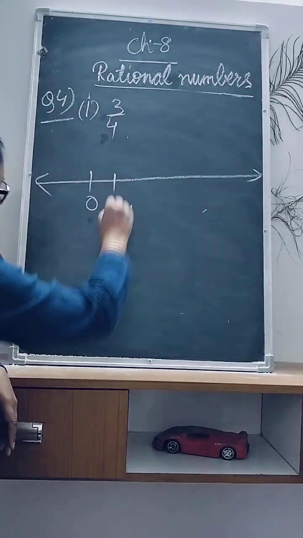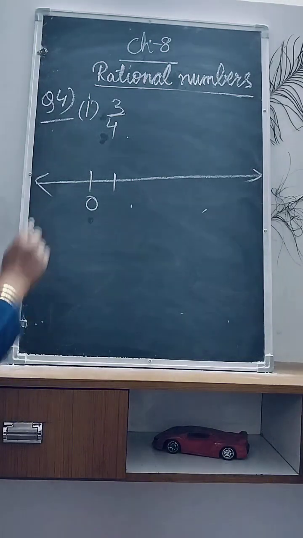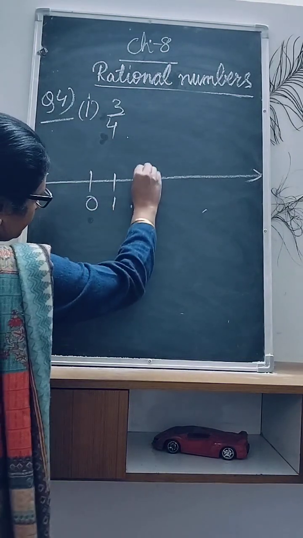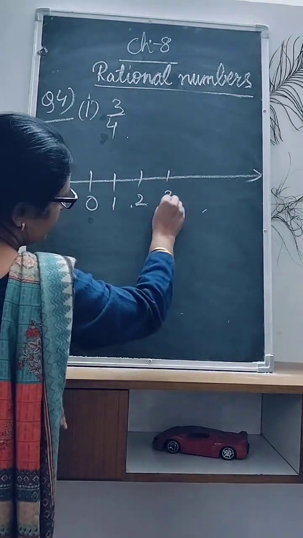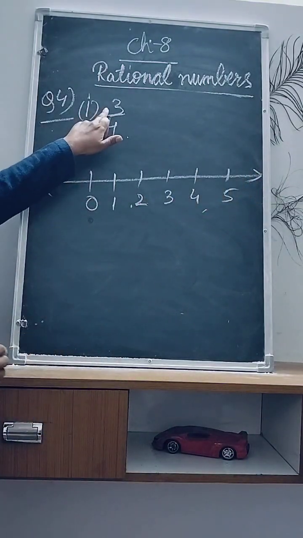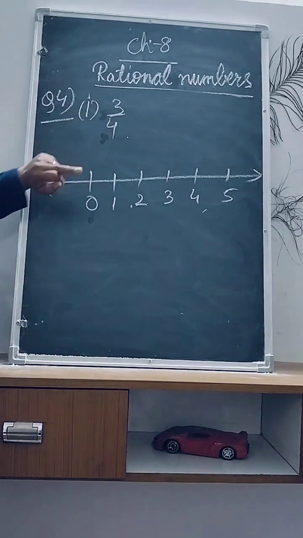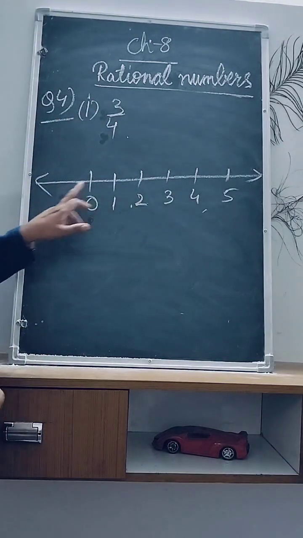Now let us represent, simply write down the numbering at regular intervals. After 0 we have 1, 2, 3, 4, 5, and so on, as we need only 3. So whatever the numerator is, it should come over here.